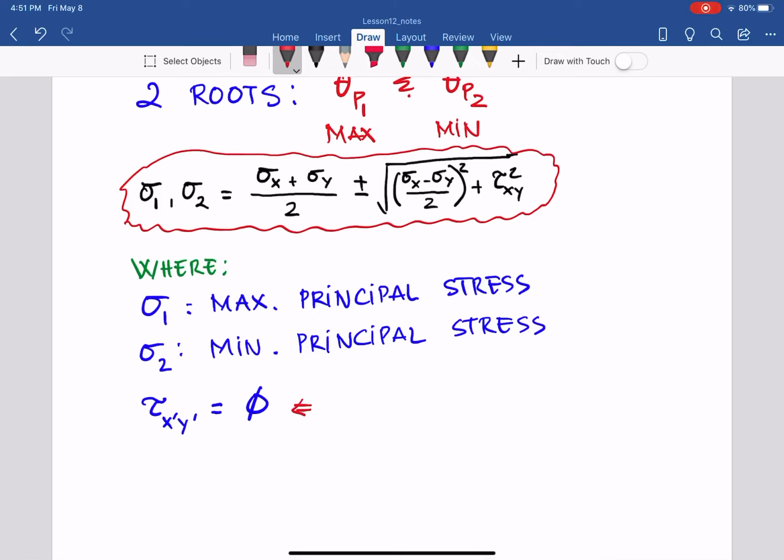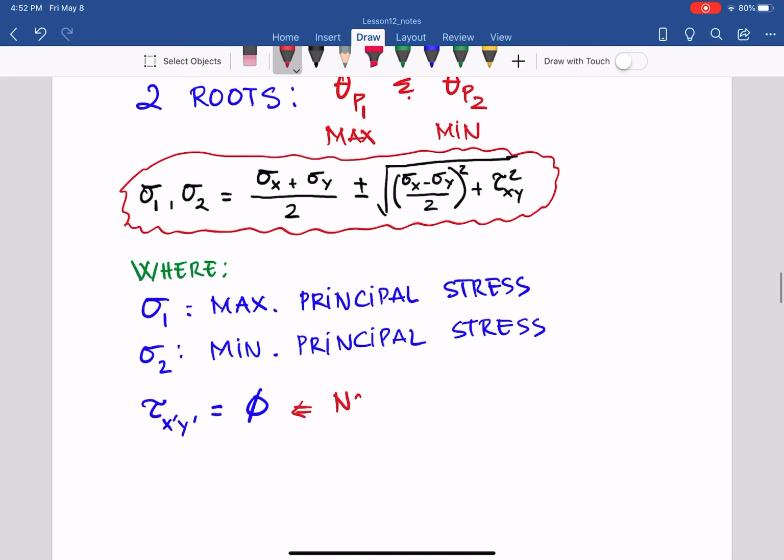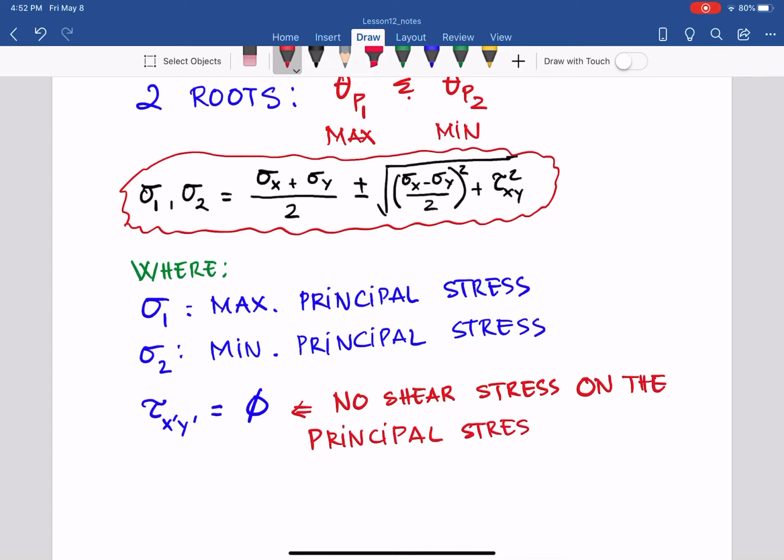You have no shear stress on the principal stress plane. That is very critically important.